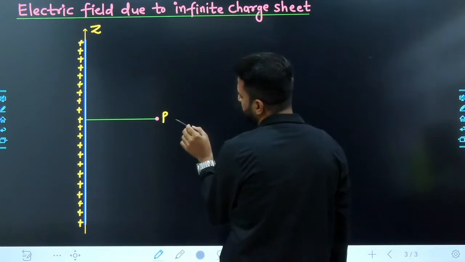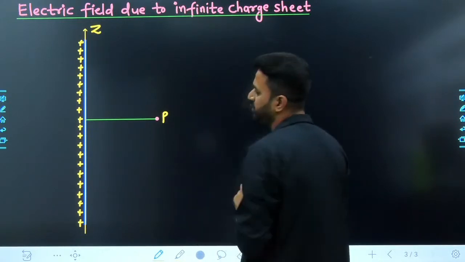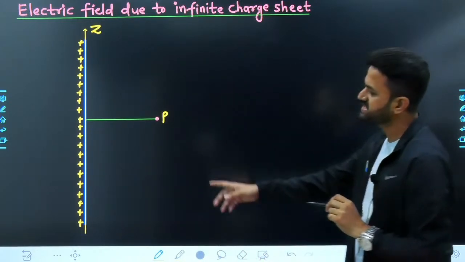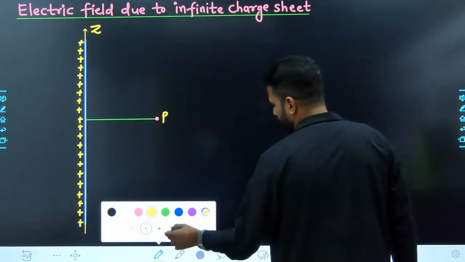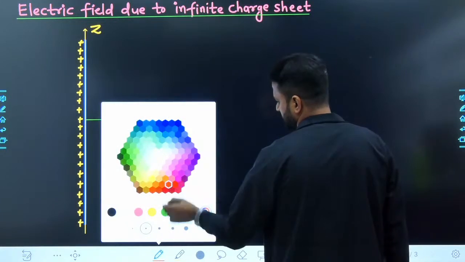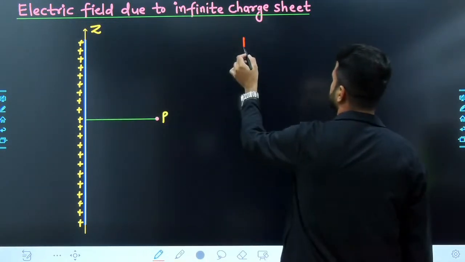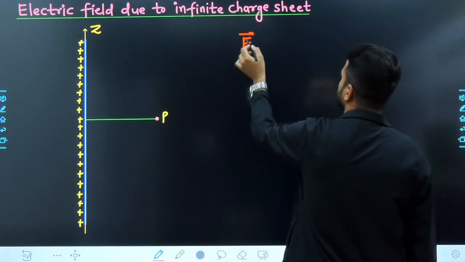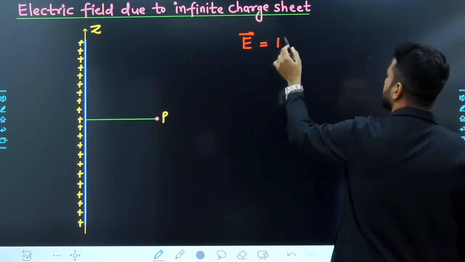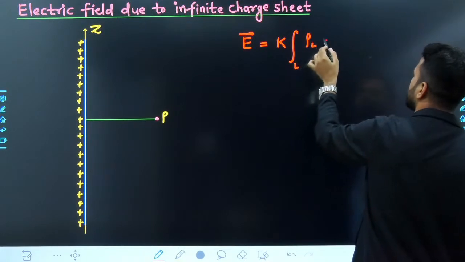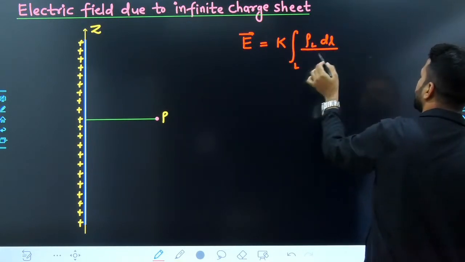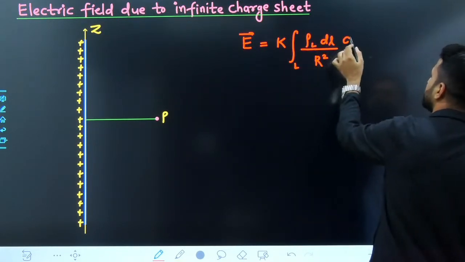Now if you want to calculate the electric field at point P, because this is the infinite long line charge, you will apply the formula for the line charge. So what was the formula for the electric field for a line charge? It is K into integration over the length rho L into dl divided by r square into AR cap.